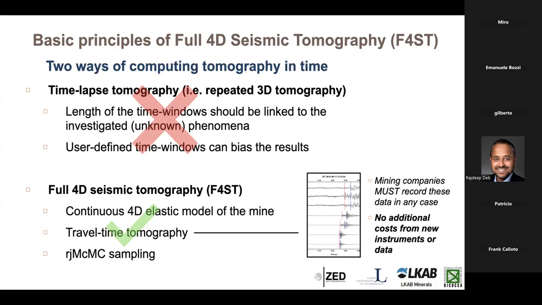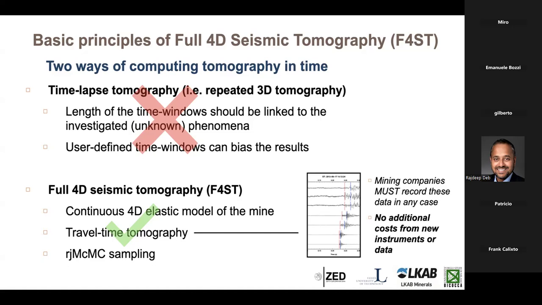If you have a phenomenon that is shorter than your time window, you will smooth it out in the model and you will not see it. And so the user definition of the time window can bias the results. If you start and end the time window at the wrong moments, you can bias the result. This is why we moved forward with full 4D seismic tomography.